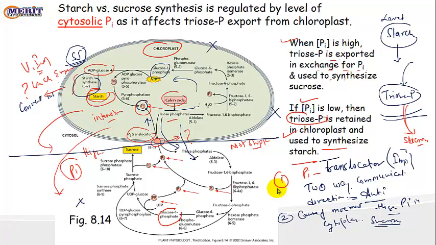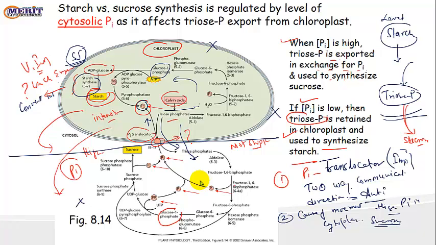When ATP breaks down, there is ADP glucose, because glucose is ultimately synthesized by the Calvin cycle. So triose phosphate, then fructose 6-phosphate, fructose 1,6-bisphosphate, fructose 6-phosphate, glucose 6-phosphate, glucose 1-phosphate, and then ATP ultimately releases Pi. And this ADP glucose, with the help of starch synthase, is going to synthesize the starch.